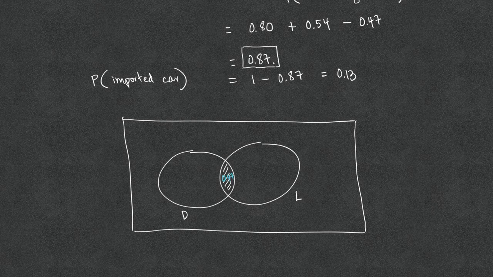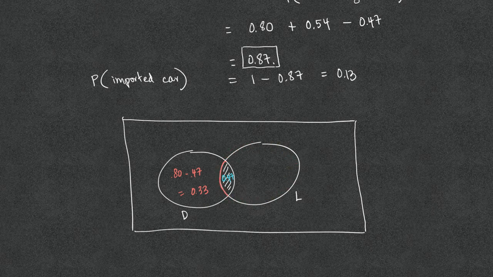We were also told that 80% of the vehicles are domestic. Now this entire circle is 80%, but this piece is 47% already. So the remaining piece without the intersection is 80 minus 47, or simply 33%. Similarly, we were told that 54% of the vehicles are light trucks.